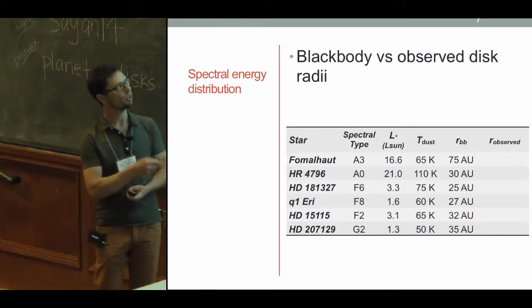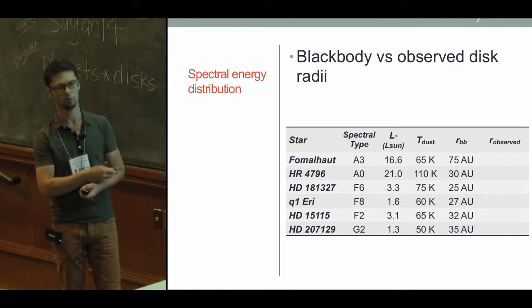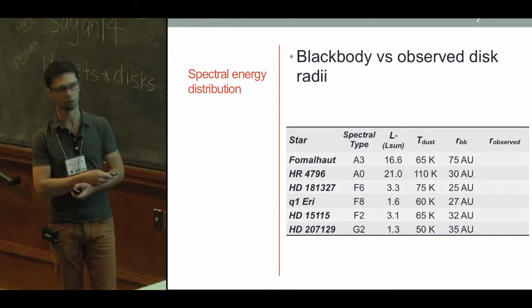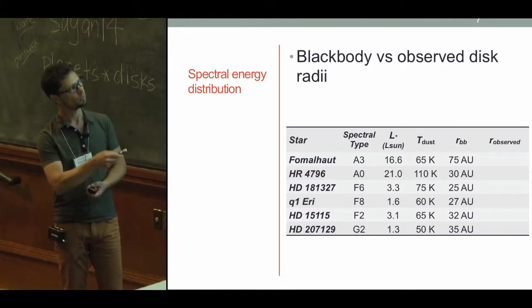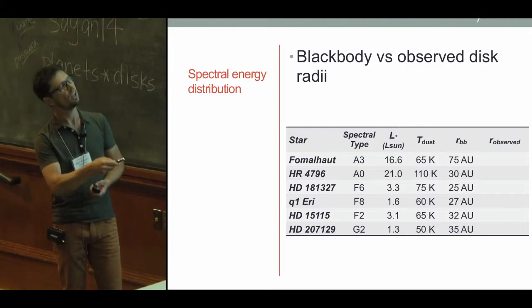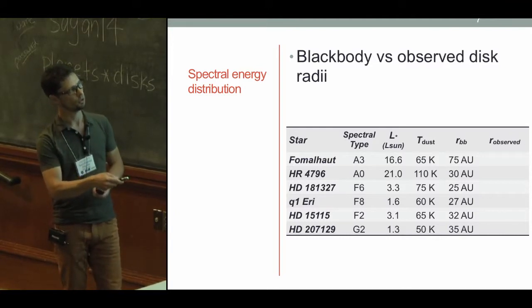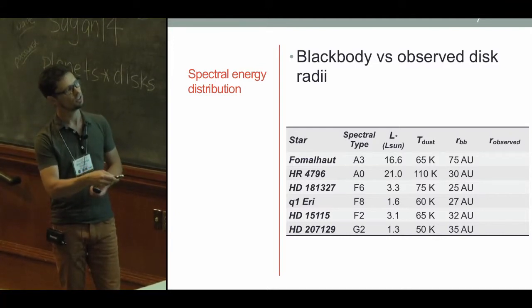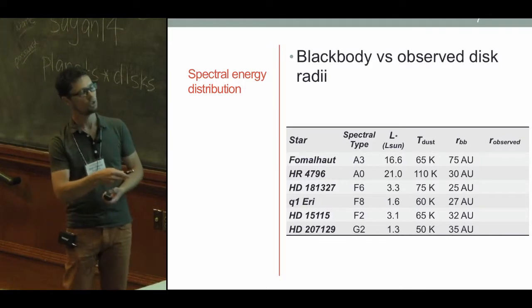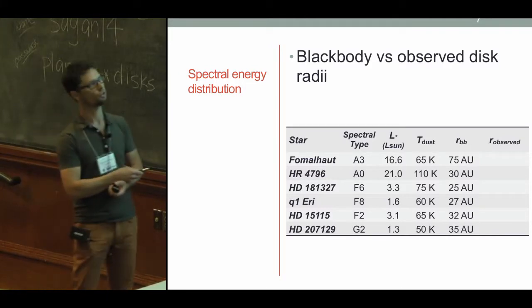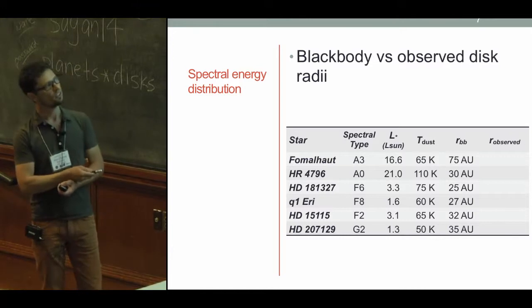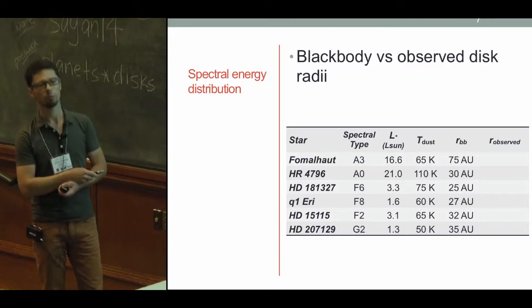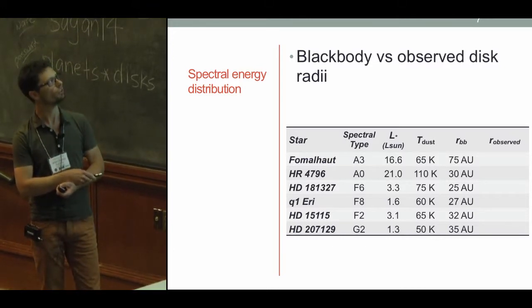I collected in this table a few systems which have been spatially resolved, with different spectral types, different luminosities, and different dust temperatures. And these are the blackbody radii which are predicted by the laws that I just showed before. And in the last column will appear the observed location of the dust. So let's do that for Fomalhaut again.